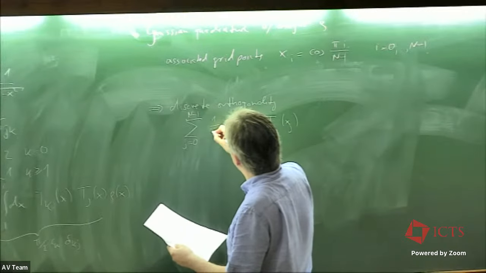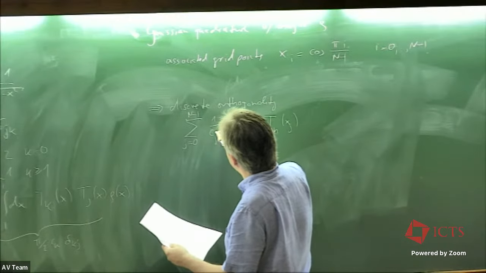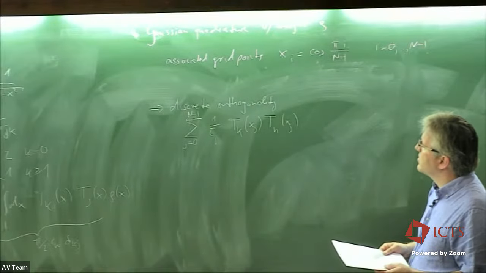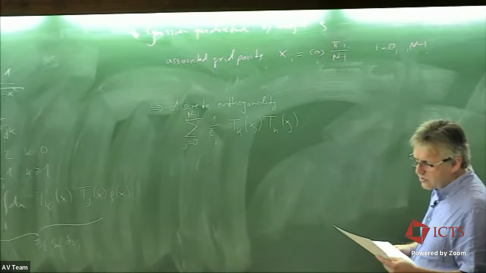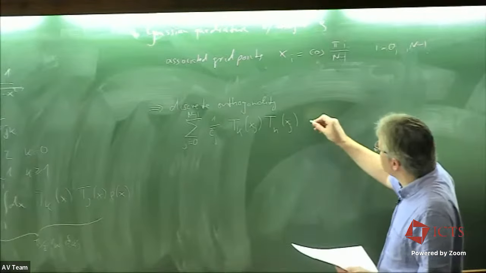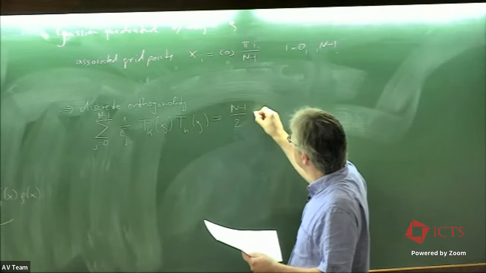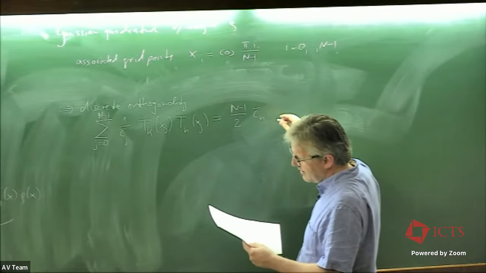I need a 1 over c-bar_j here. Unfortunately, a few of these little nasty constants show up to deal with first and last terms. This is equal to n minus 1 over 2 c-bar_n delta_kn.